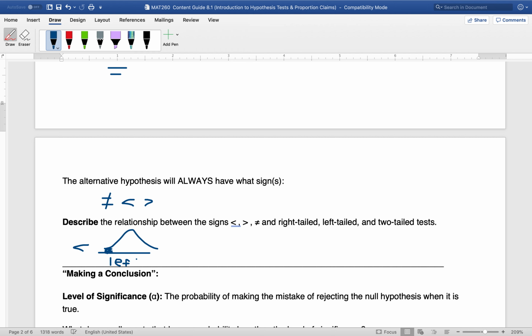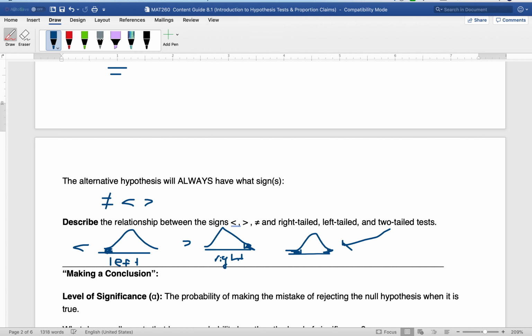And our greater than is the right-tailed test because we're looking at this end of the curve. So that's right. And the next one is a two-tailed test, so that's both directions. So that is how you write the claim for hypothesis testing.